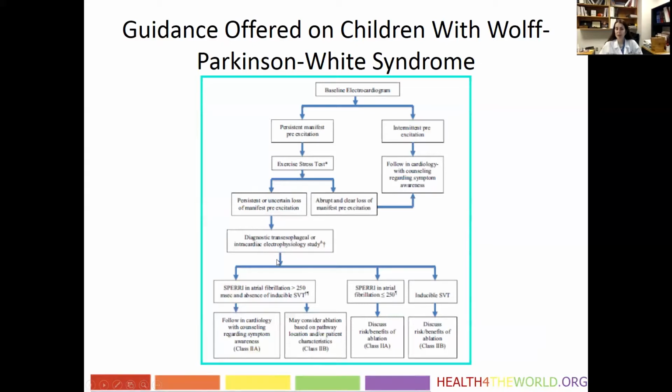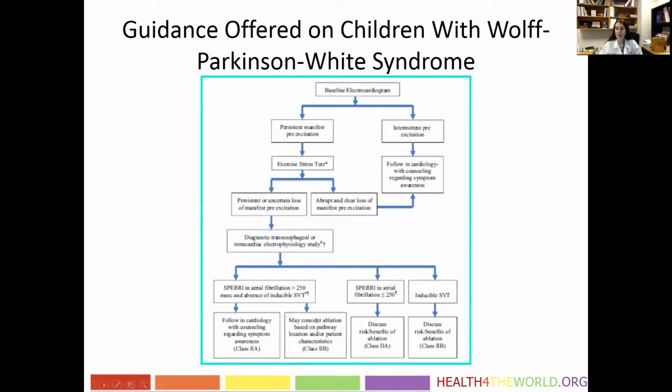If during the electrophysiology study we can induce atrial fibrillation that conducts down to the ventricles very fast, then the patient has to be considered relatively high risk and referred to a cardiologist for counseling regarding whether being on medications or considering an ablation, as I am saying here.